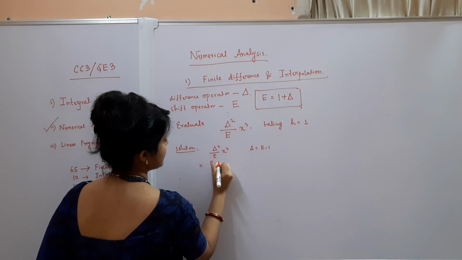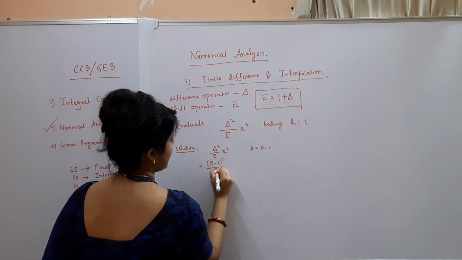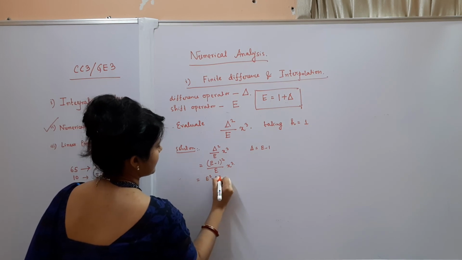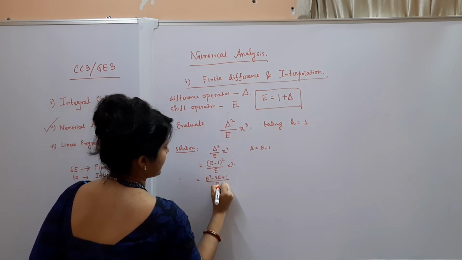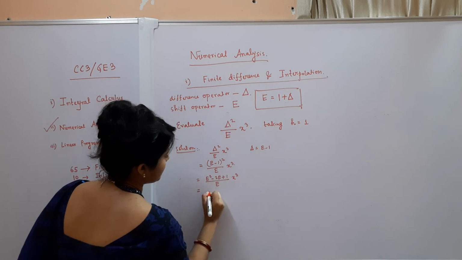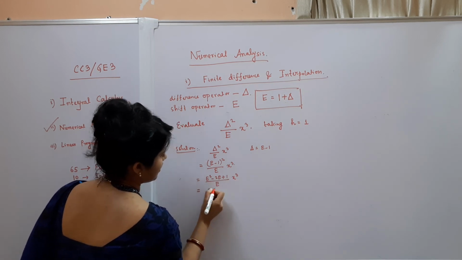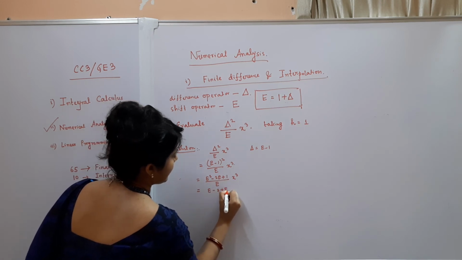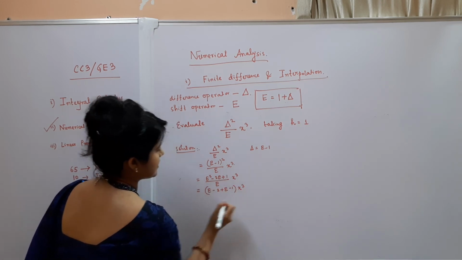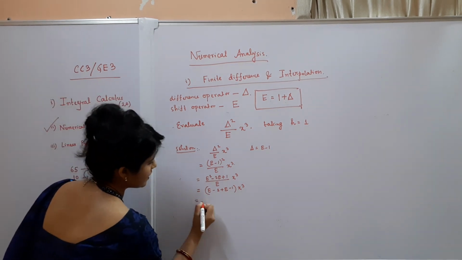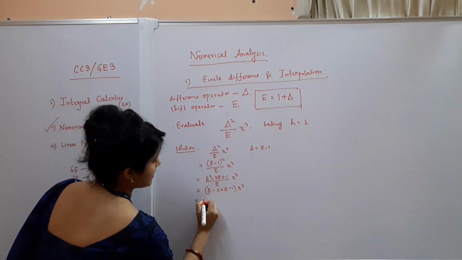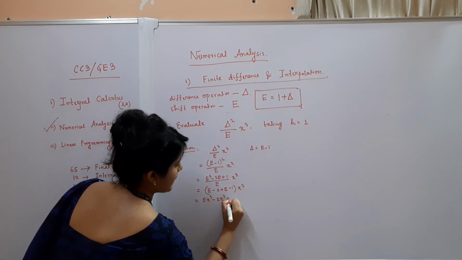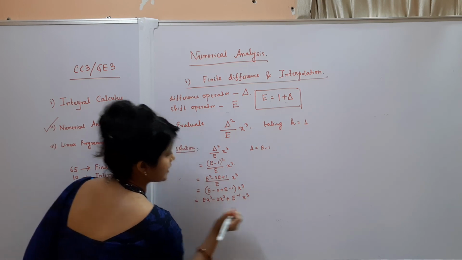So you can write it as E minus 1 whole square by E x cube, and therefore E square minus 2E plus 1 by E of x cube, and therefore if you divide the numerator by this denominator, you will get like this. Okay, x cube. So you will get E x cube minus 2x cube plus E inverse x cube.